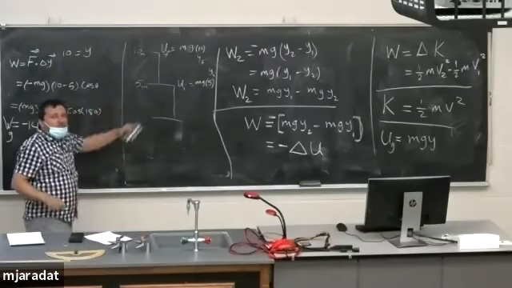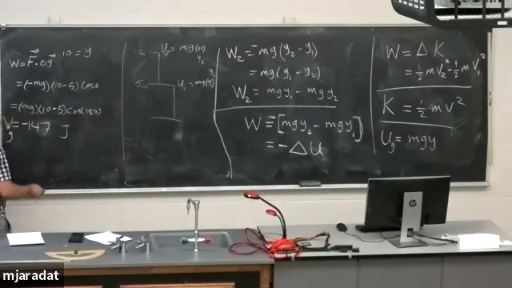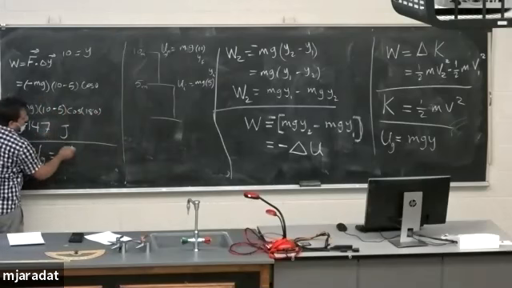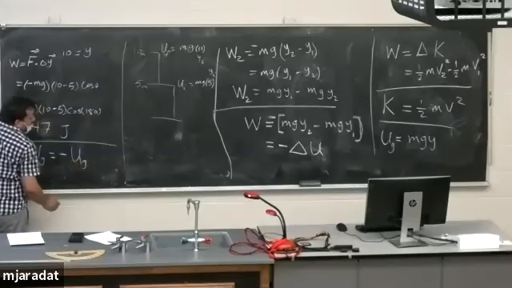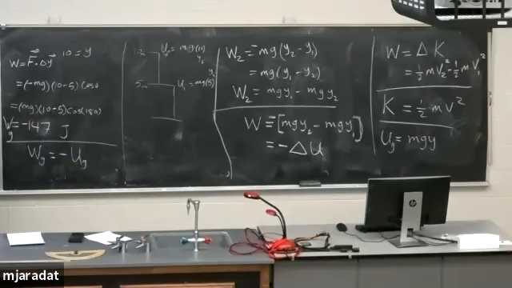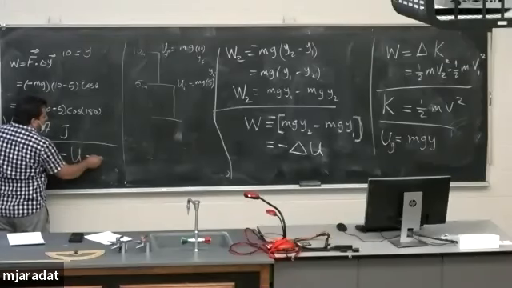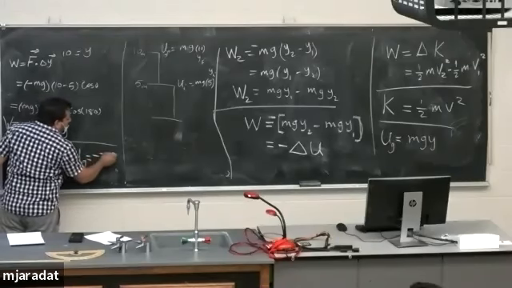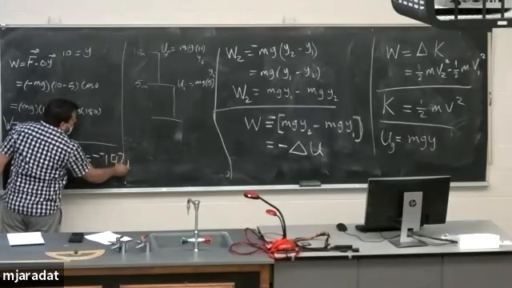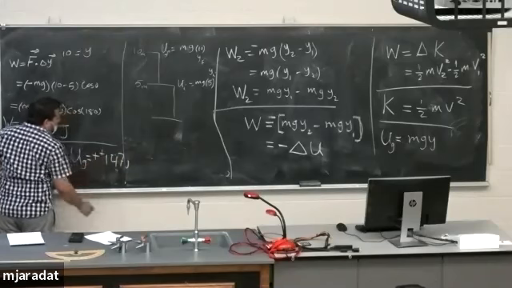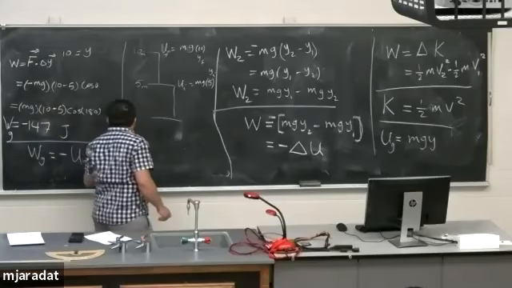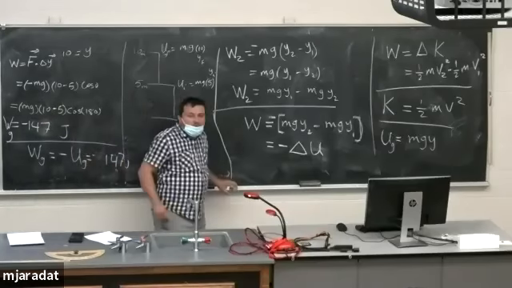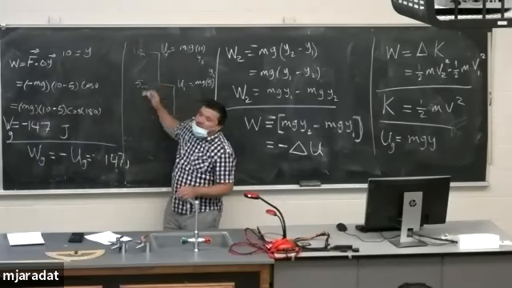I can solve two equations. But simply, we found now that the work done by gravity is equal to the negative potential energy change of that force. So it will be equal to negative 147 joules, which is positive 147 joules. This is the change in potential energy.